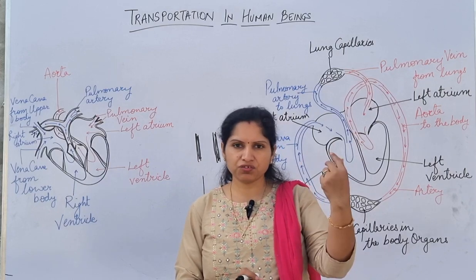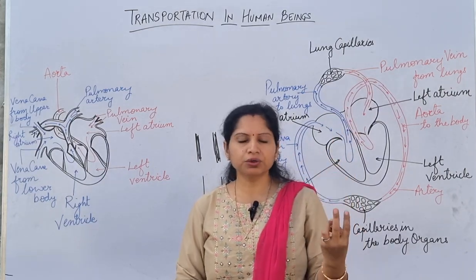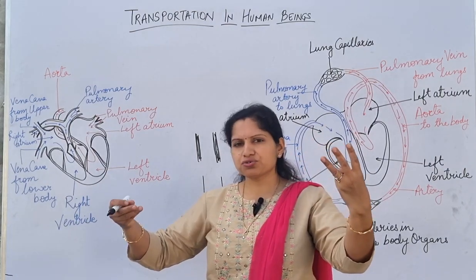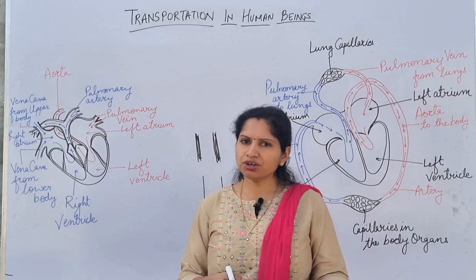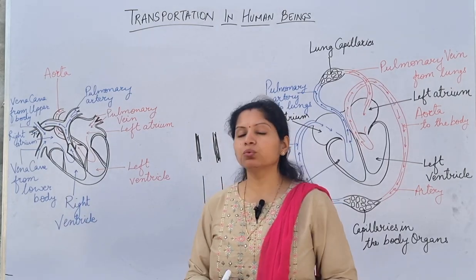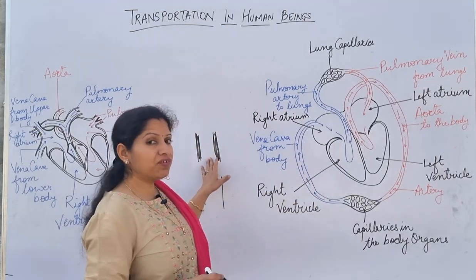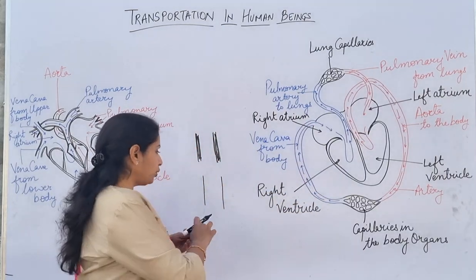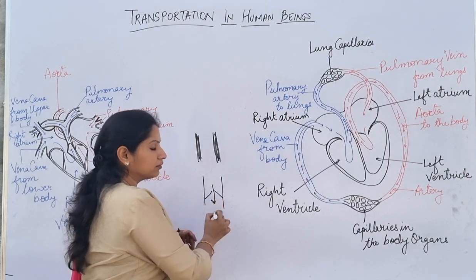So that is the second difference. That is the definition of the two. Now, the third one is that the arteries usually carry oxygenated blood except pulmonary artery. The veins usually carry deoxygenated blood except for pulmonary vein. The fourth difference is arteries usually don't have valves in them and the veins have a valve that prevents the backflow of the blood.